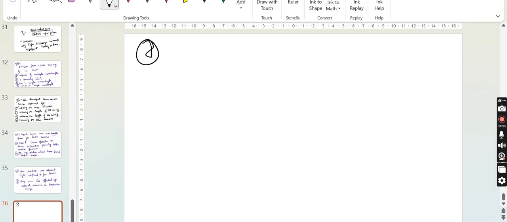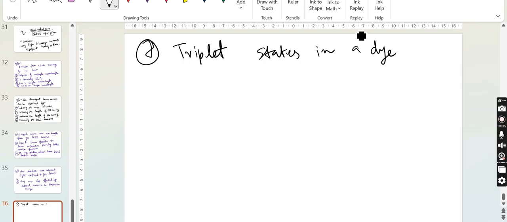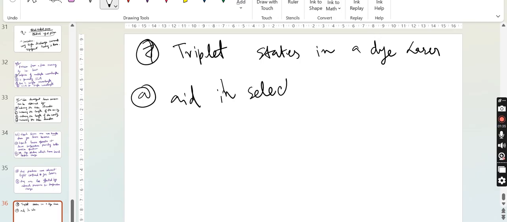Question 7. Triplet states in dye laser: A, aid in selective pumping. No, not true. B, have a very short lifetime.